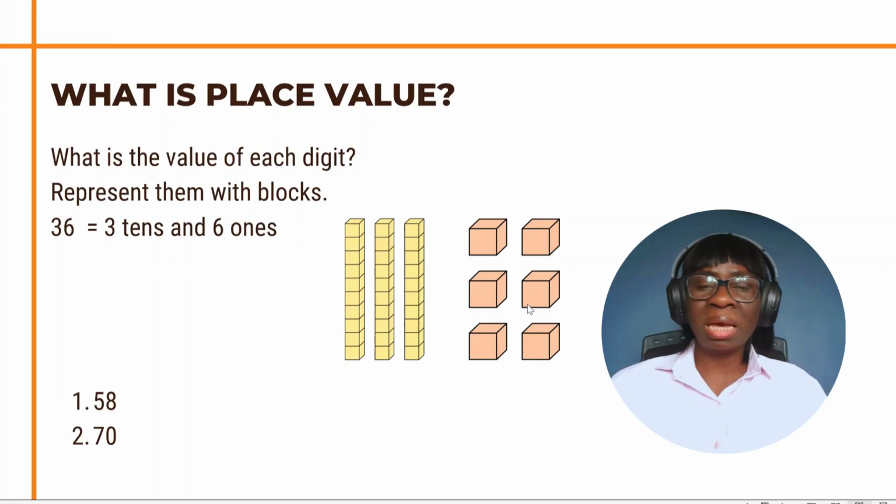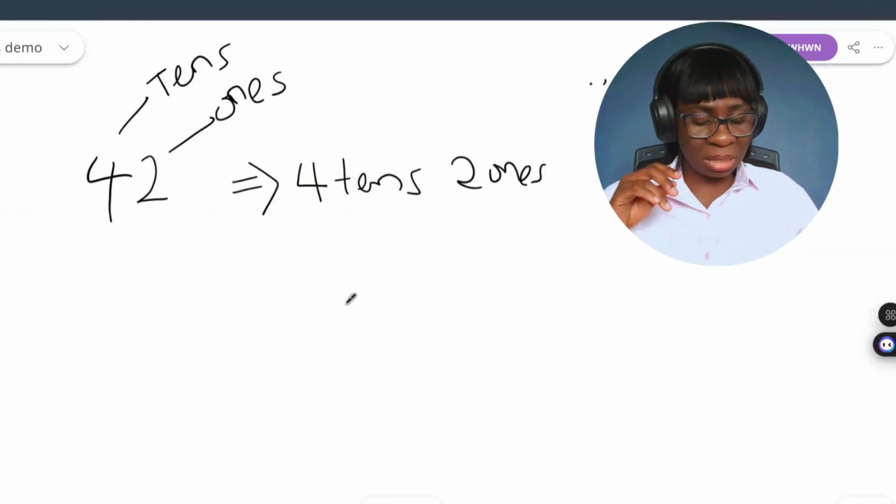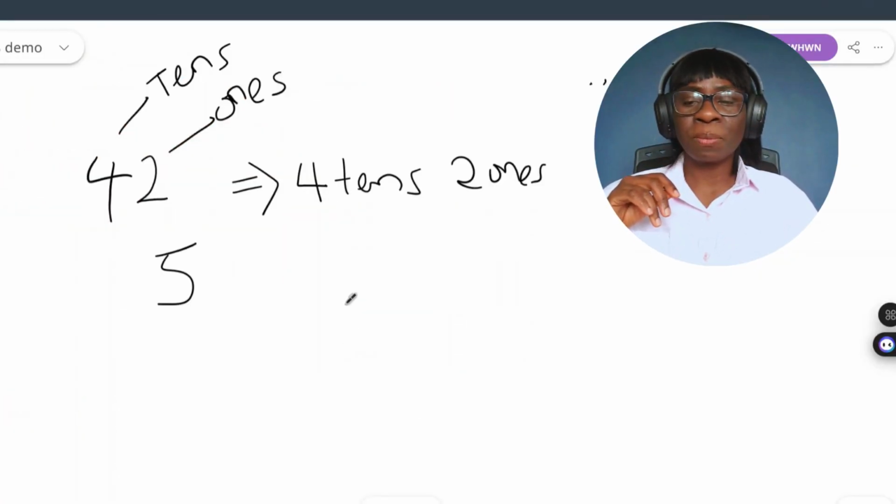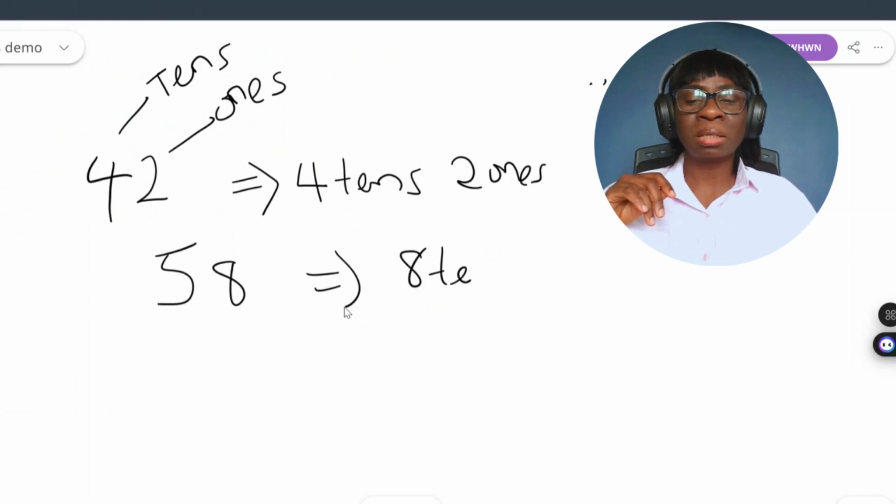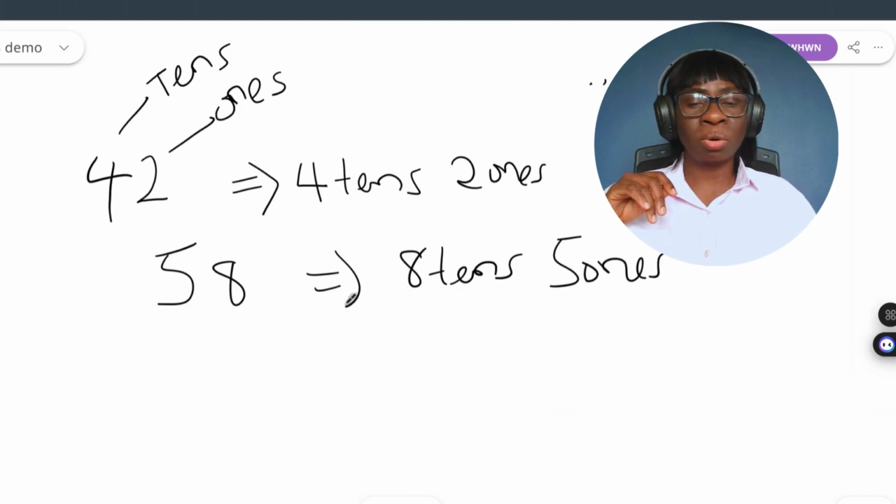Okay, you tried: 8 tens and 5 ones. Okay, let's look at it like this. We have 58. So you said 8 tens and 5 ones. That is not correct because you have switched the numbers. 8 tens and 5 ones will give us 85.